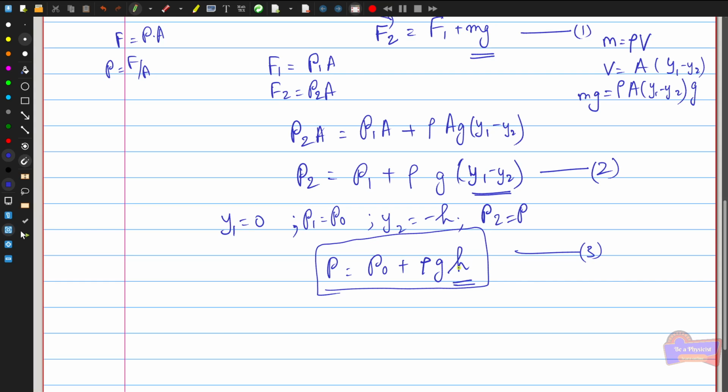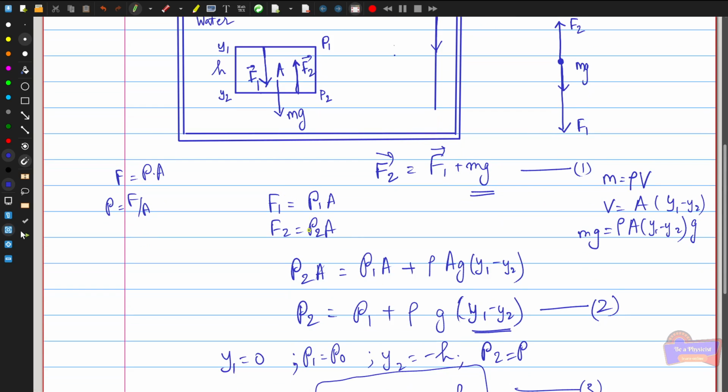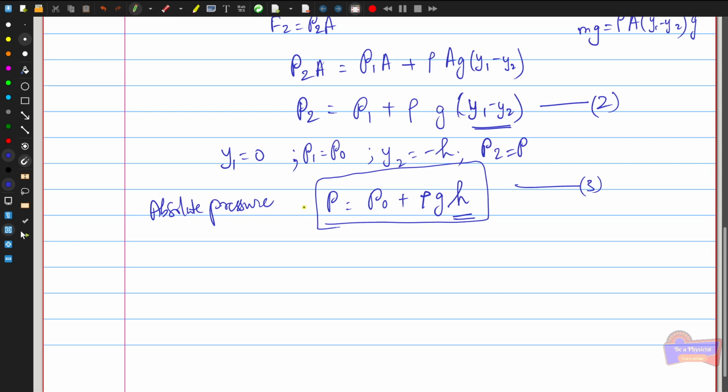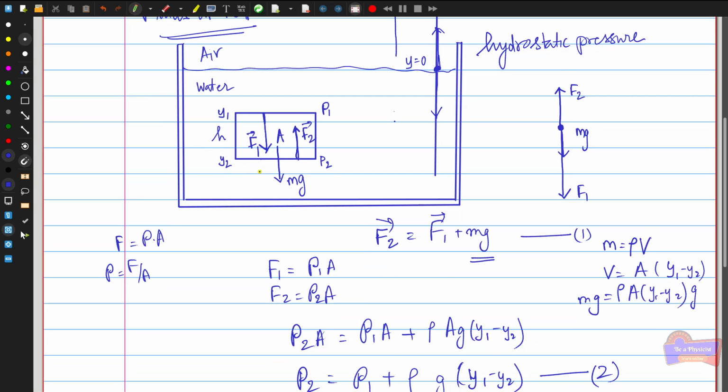So here this P is known as the total pressure or absolute pressure. At the bottom of this surface, if you take this point, this pressure is known as absolute pressure, because at the bottom of this layer the pressure consists of two different contributions.